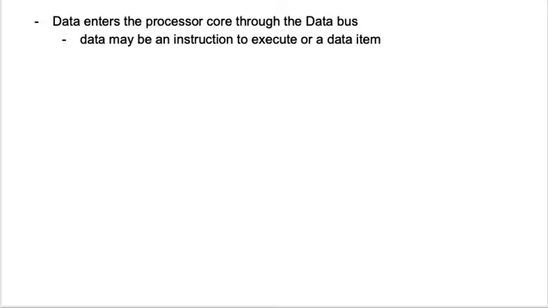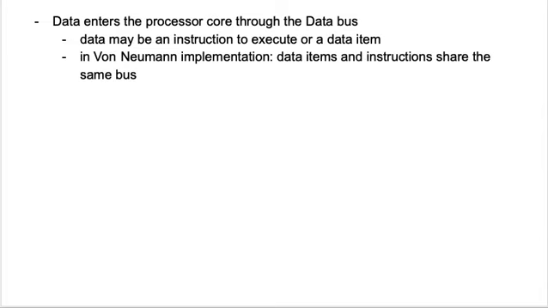As we have seen, the data enters the processor core through the data bus. If it is an instruction, it is decoded by the instruction decoder, or else it is processed as data.